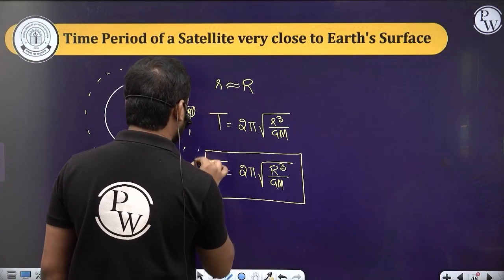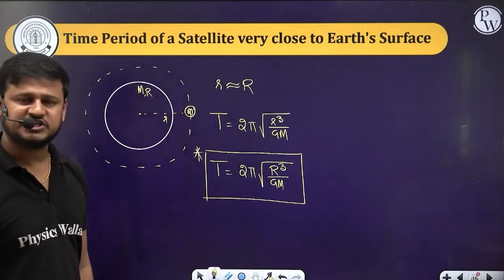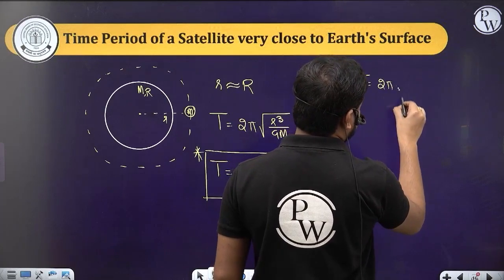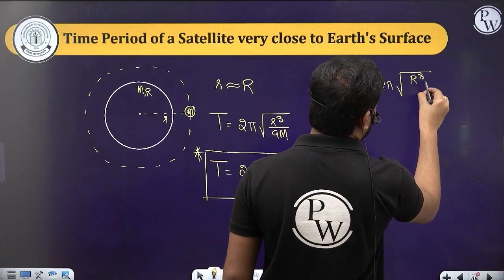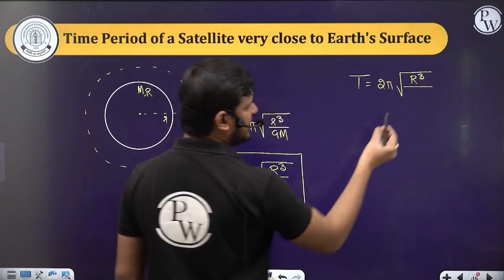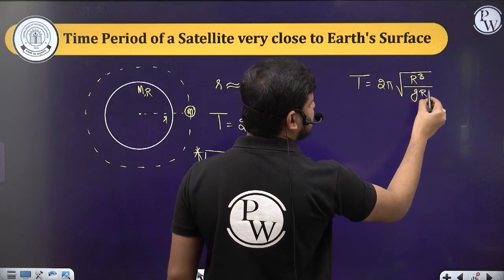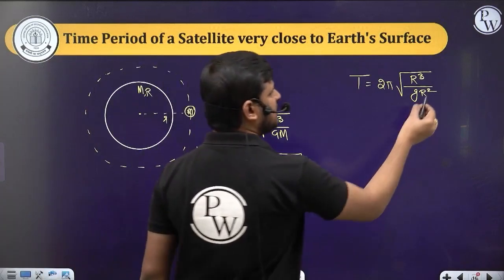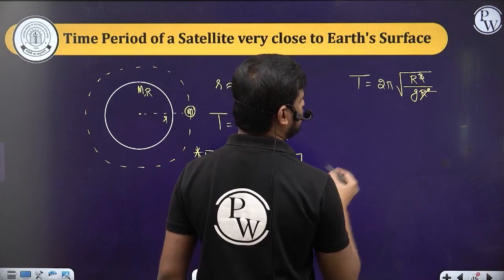Or else you can also write it in terms of the small g. How do you write it in terms of the small g? So T is equal to 2 pi into root over r cube by, in place of GM, I'll write g R square. R square and R cube get cancelled.